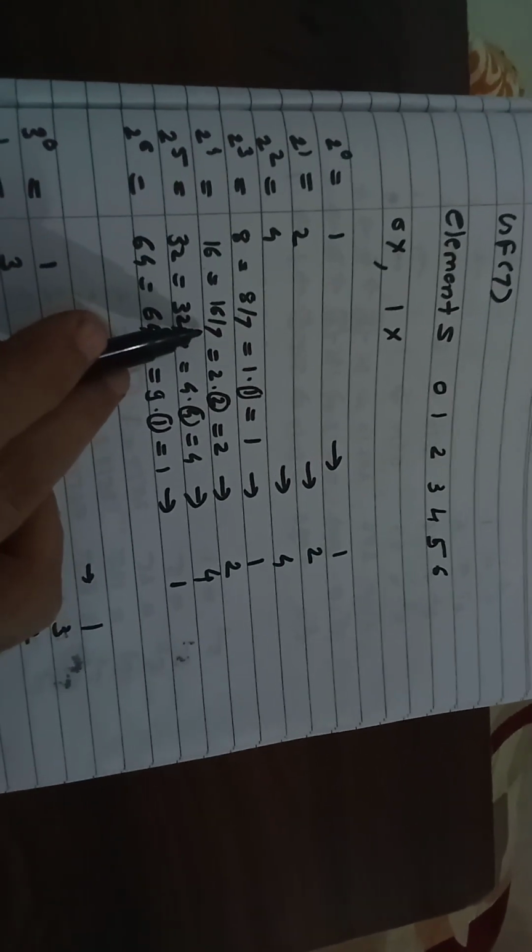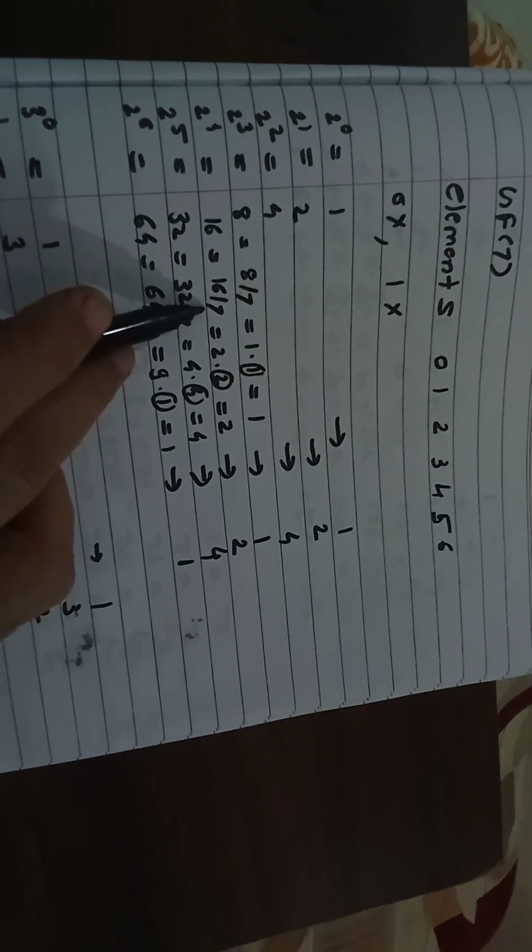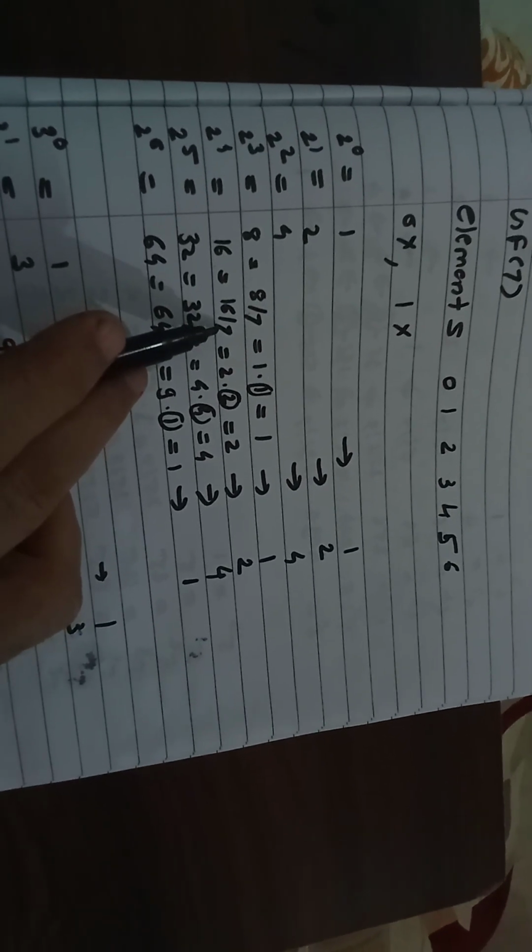To get the numbers in Galois field 7, because 8 is not there in Galois field 7. Next 16. 16 divided by 7, 7 twos are 14. Remainder will be 2. Now 2 raised to 5 is 32.